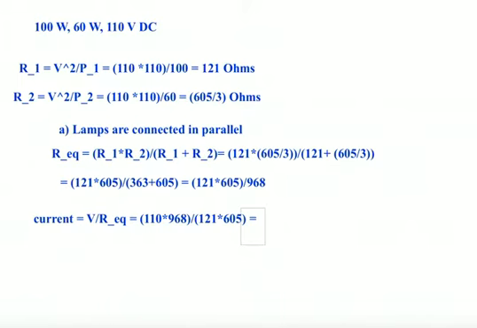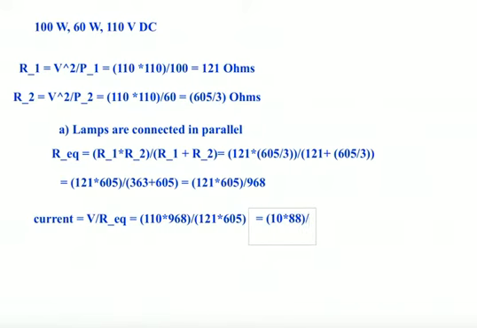968 into 10 is 9680. 11 8s are 88, 11 88 is 968.